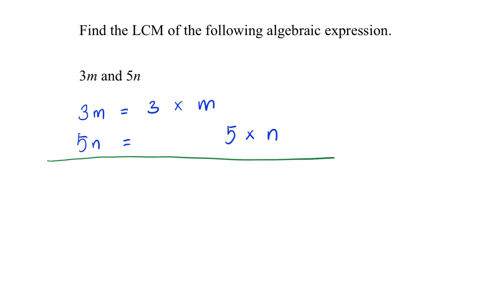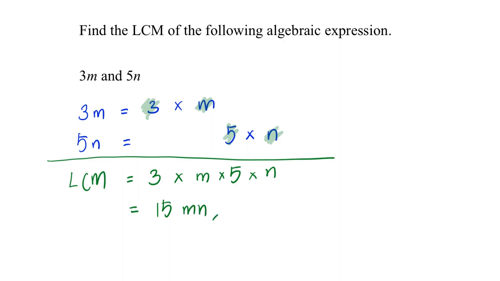And from here, we just have to make sure that we choose the factors that can be found in both terms. So I will have to choose 3 and m. I will also have to choose my 5 and my n. So for this particular example, the lowest common multiple will be 15mn.